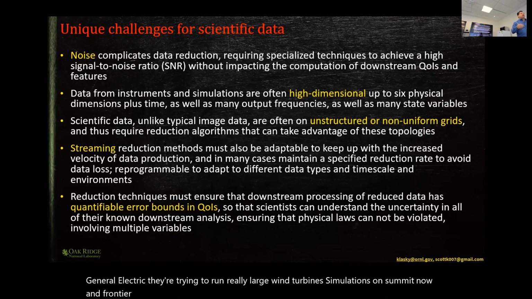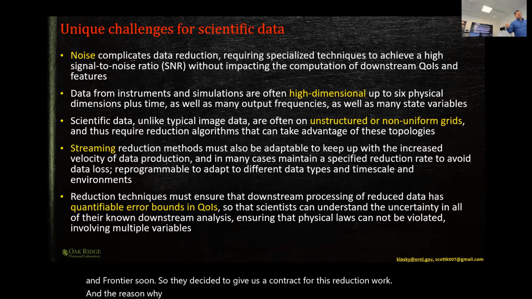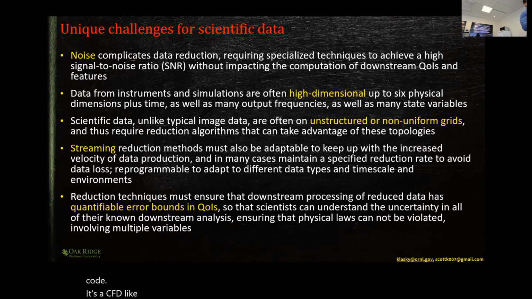So they actually decided to give us a contract for this reduction work. And the reason why is because their data was getting so large that they said, we have our code. It's a CFD-like code. And the first thing they said is, we're dying because of the data sizes. And we need to reduce it so that we can write less, we can read less.